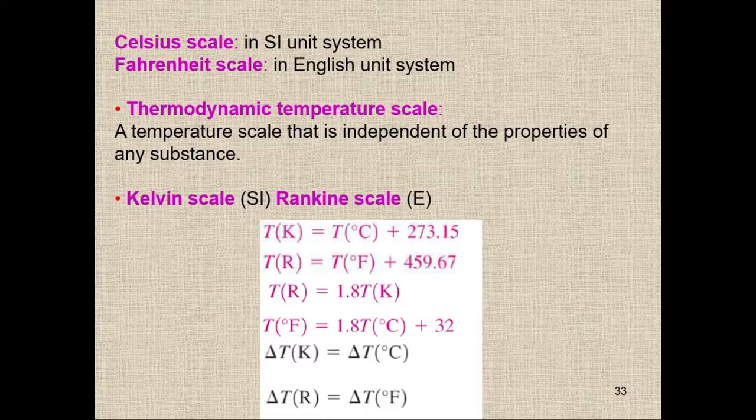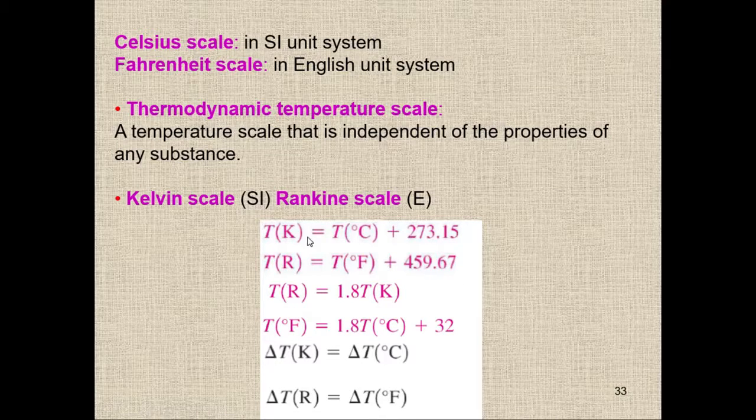And we have two thermodynamic temperature scales. We have the Kelvin scale in SI and the Rankine scale in the English unit system. You know about the Kelvin, so there is one more scale, which is the Rankine scale. The unit conversion is simple: the Kelvin temperature is the temperature in Celsius plus 273.15, and the Rankine temperature is the temperature in Fahrenheit plus 459.67.